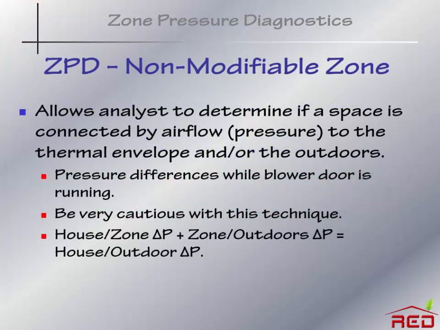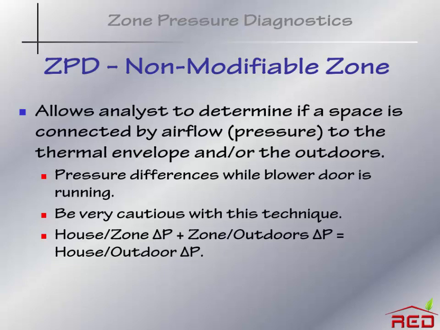Non-modifiable zone pressure diagnostics has severe limitations. However, some programs have used it as their primary means of determining whether an attic floor, for example, is sealed well enough or not. This really is not possible to do, and these programs were in error when they did that.